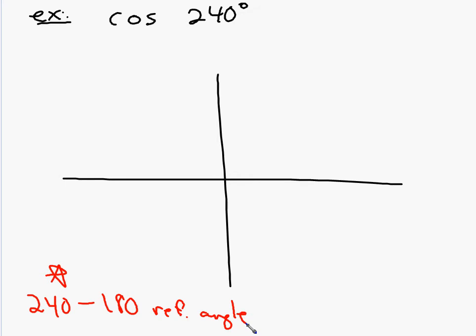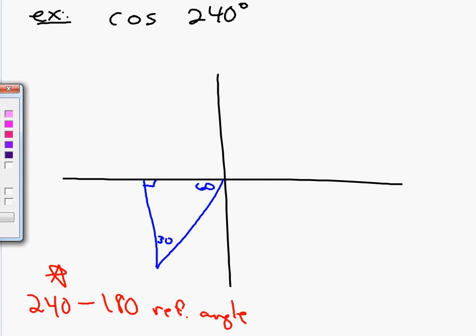Now the reason that's important is that tells me what my reference angle is in here. This is 60. And so this is, of course, a 30-60 right triangle. And then I need to label my sides appropriately, as we have learned.